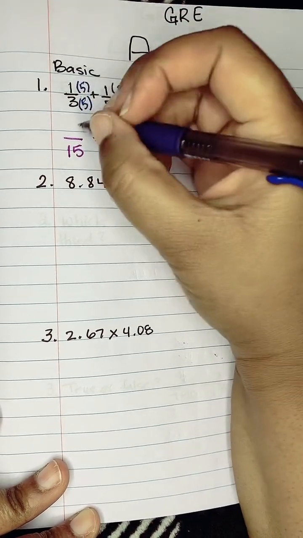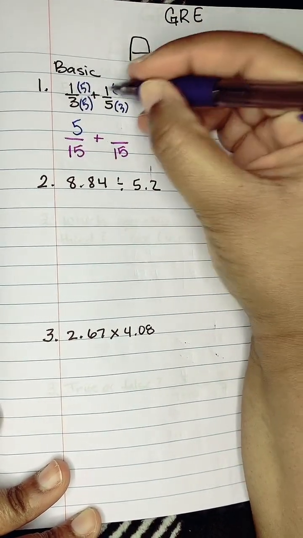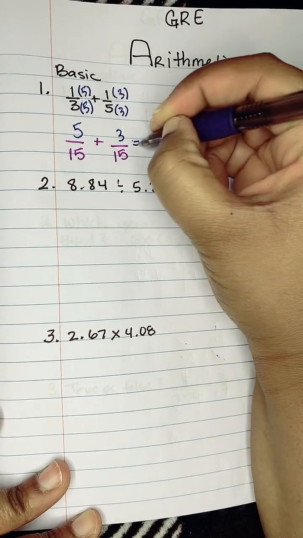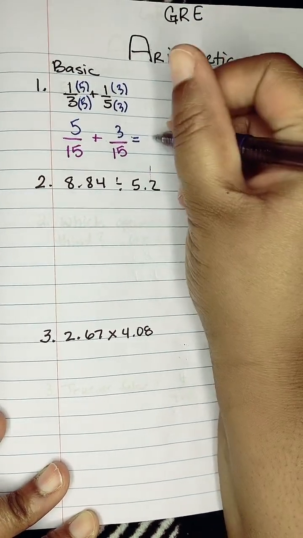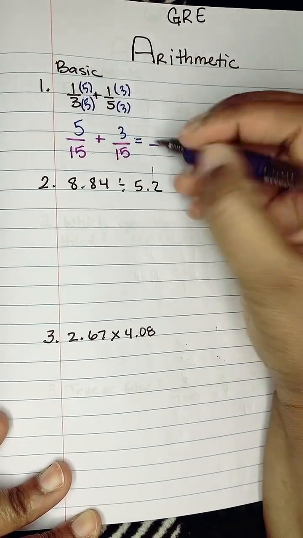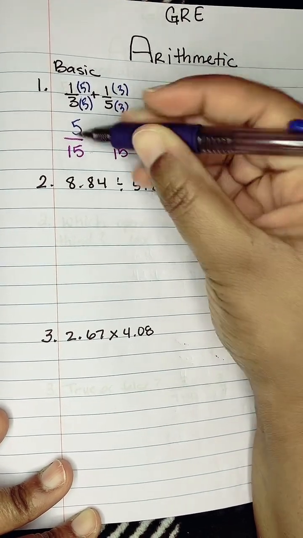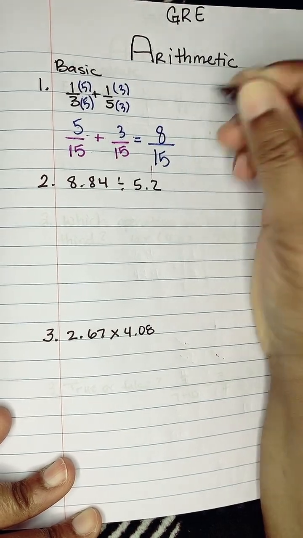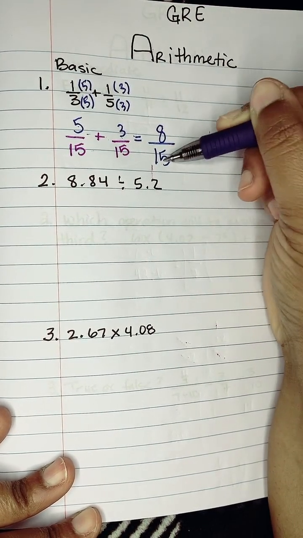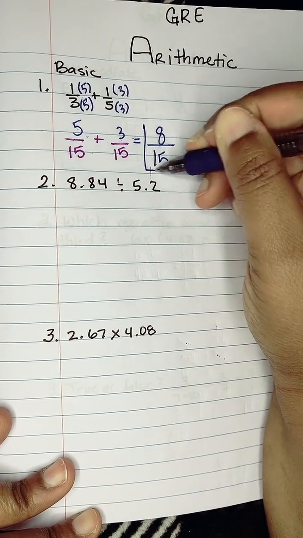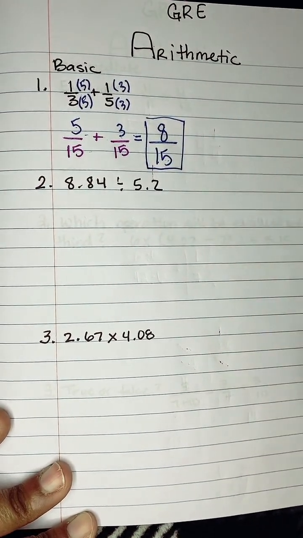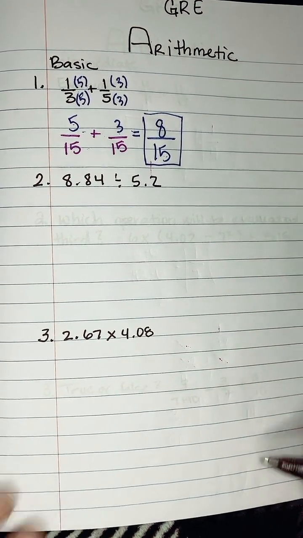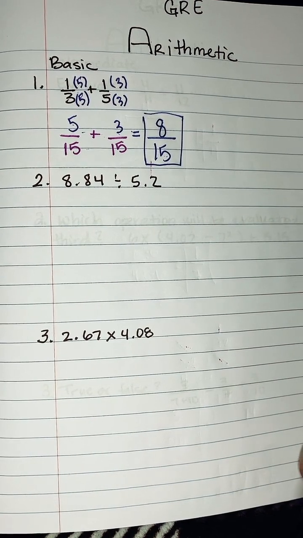So then we can do 5 times 1 is 5. 3 times 1 is 3. And now that we have the same denominator, remember your denominator stays the same and you add the tops. So 5 plus 3 is 8. And an even over an odd, they won't have anything in common. So that is our answer. Good, Sage. Yes.